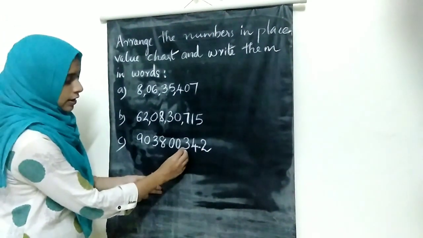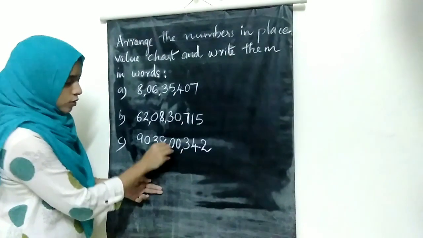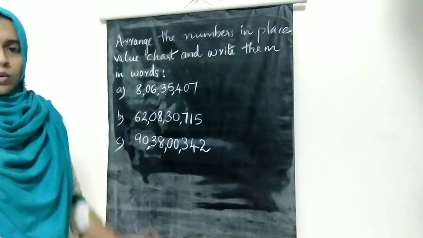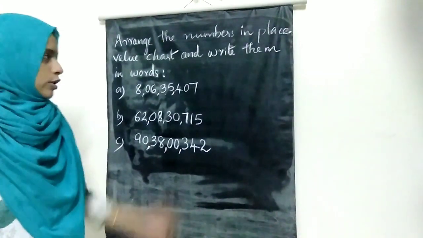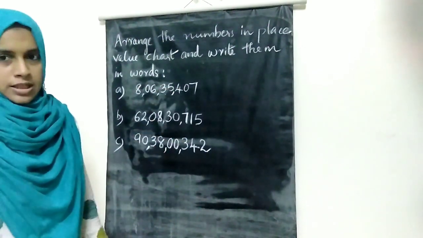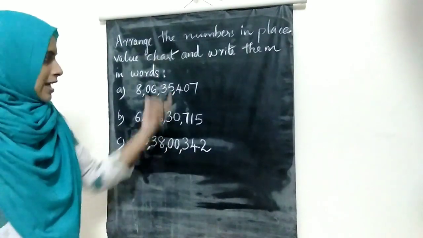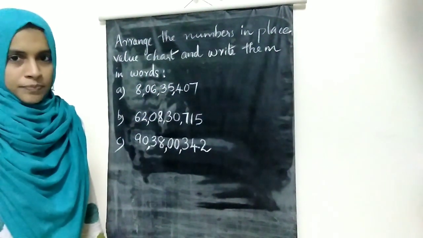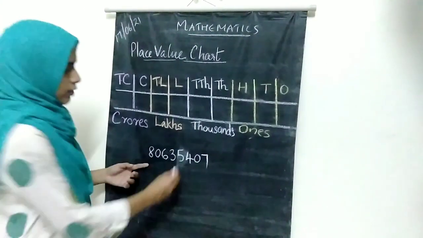Like that we can put commas for the questions. Now, we will arrange these numbers in place value chart. Our first question was this one.